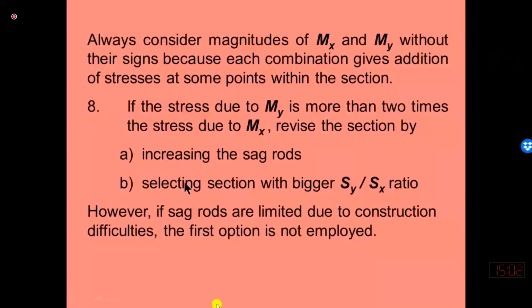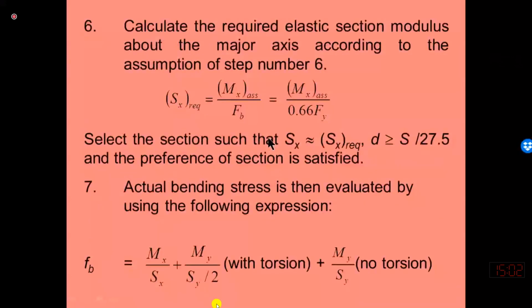If the stress due to My is more than 2 times the stress due to Mx, then we need to revise this section. So it means that if this component is coming out to be double of this component, it means that the stresses due to My are more. So we will revise, because there are chances that the section will be weak about the y-axis.